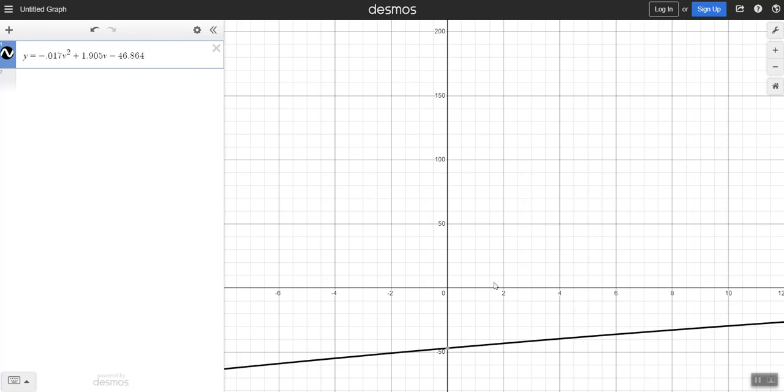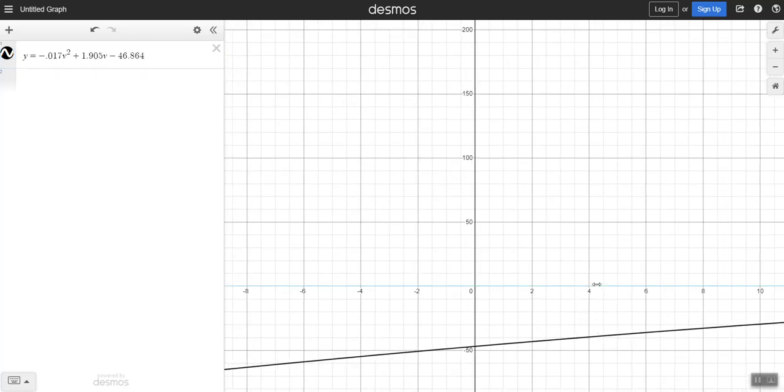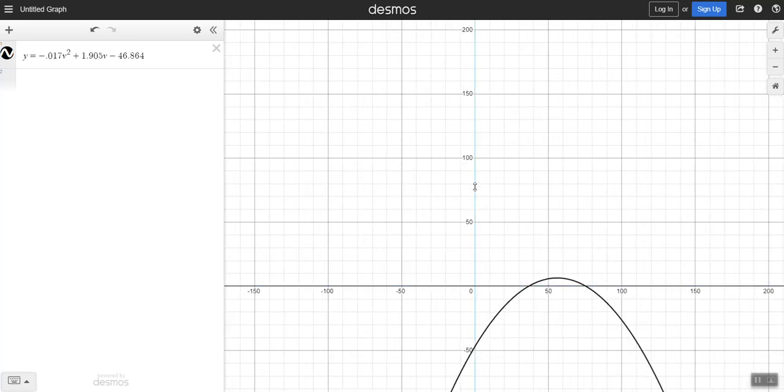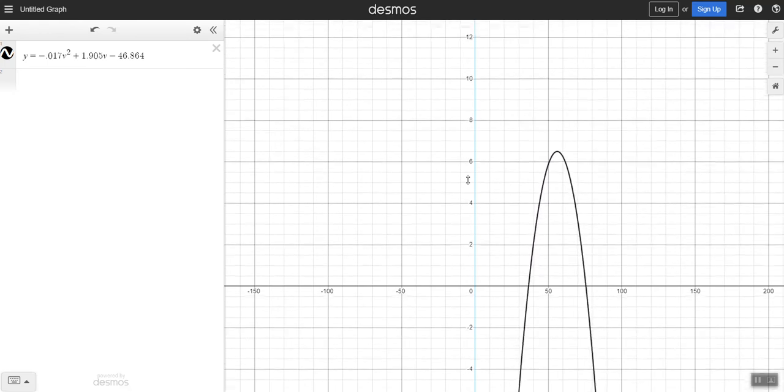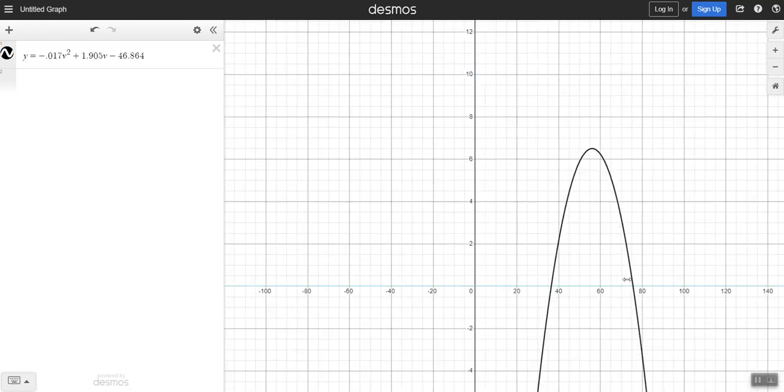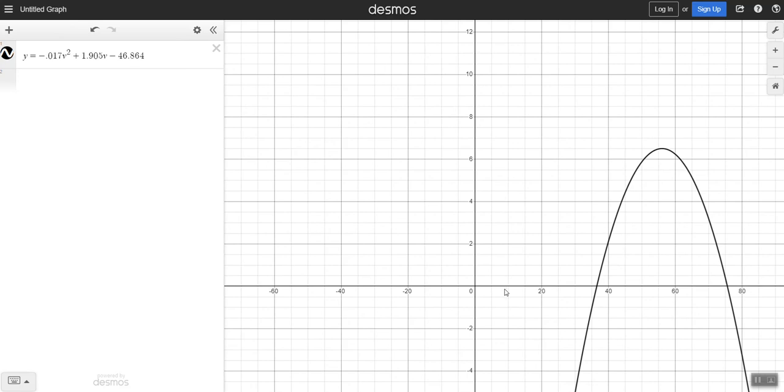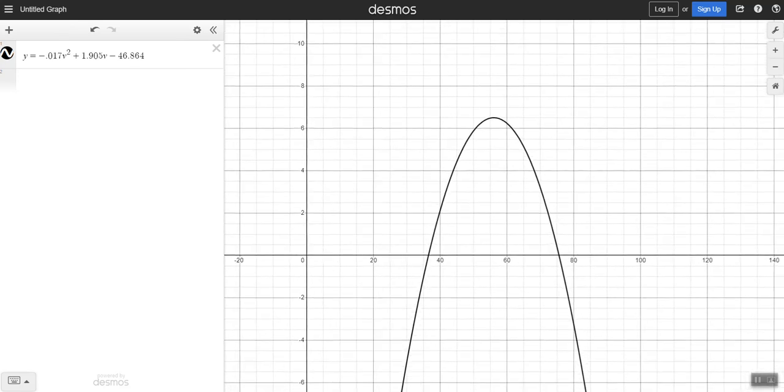All right, and clearly I don't have a very good window, so let me go. That's a bit better. All right, again, we'd already said we want to know where this is greater than or equal to 0. So if I find my x-intercepts here, this is greater than or equal to 0 in between those two values.